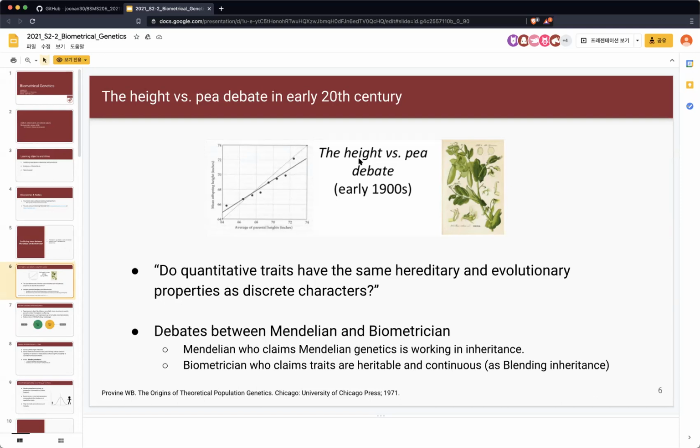As I mentioned, the Mendelians are the people who claim Mendelian genetics is working in inheritance, and Mendelian genetics rules out all of these genetic phenomena. And the biometricians are the people who claim traits are heritable and also continuous. So this is somewhat similar to blending inheritance proposed by Charles Darwin.